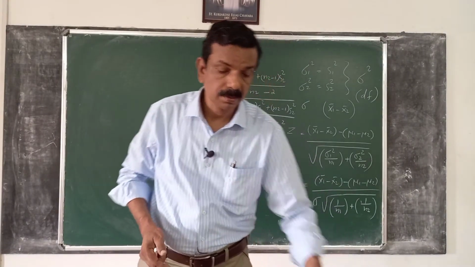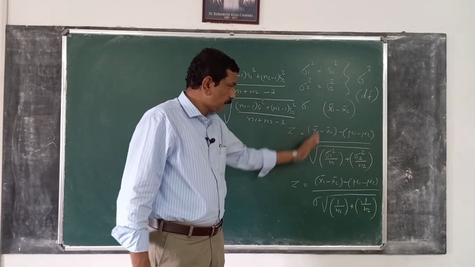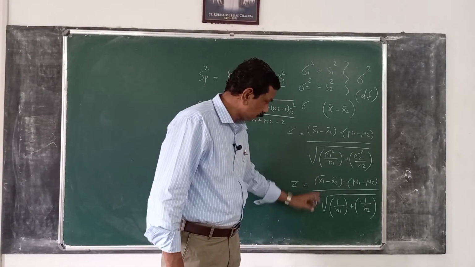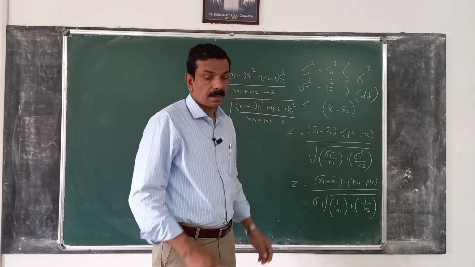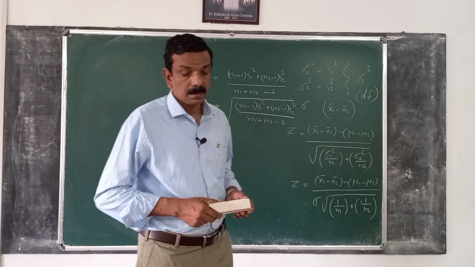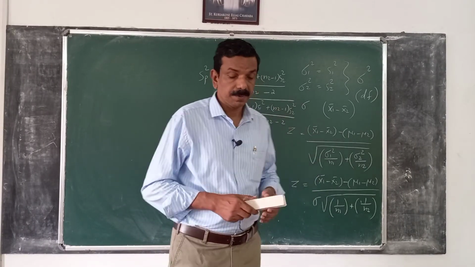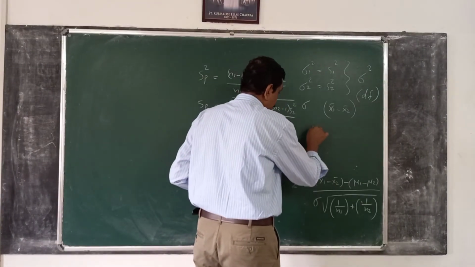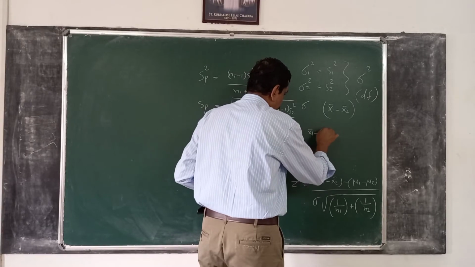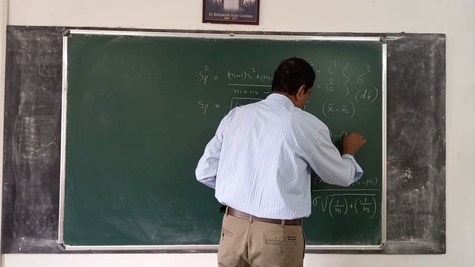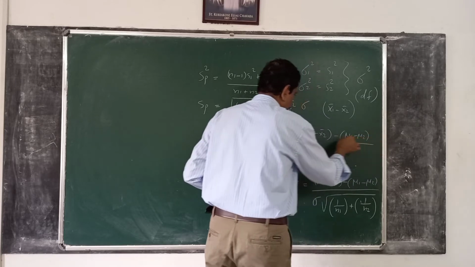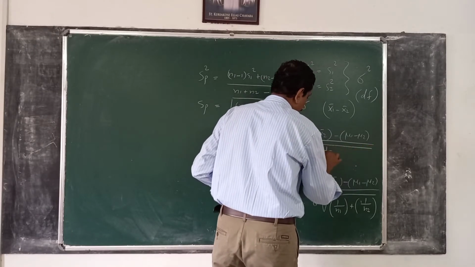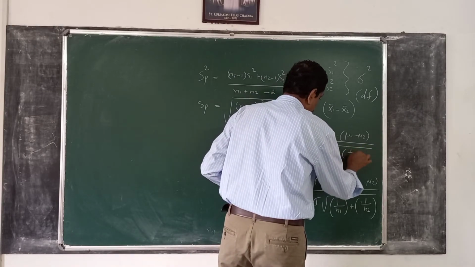Pooled standard deviation. So, in the formula of Z, sigma is replaced by its sample estimate SP, so that you get x bar 1 minus x bar 2 minus (mu 1 minus mu 2) divided by SP into root of 1 by n1 plus 1 by n2.